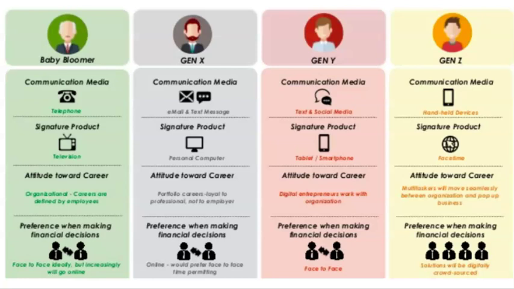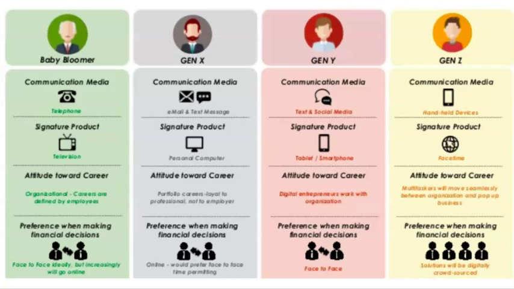And so how you look at the different generations and what you look at specifically can vary. This marketing group looked at how they communicate, showing the baby boomer preferring the telephone, Gen X preferring email and text, millennials preferring text and social media, and Gen Z preferring their handheld mobile.